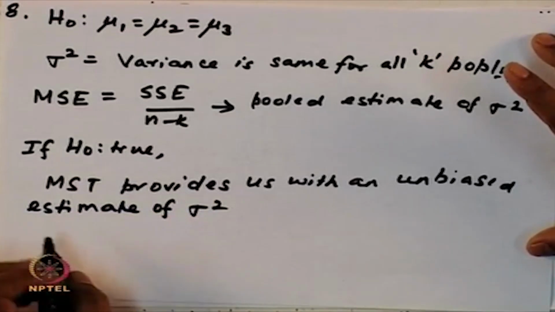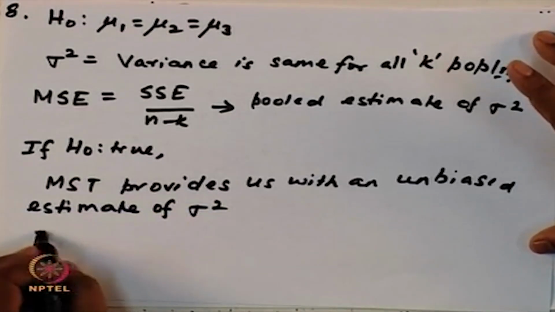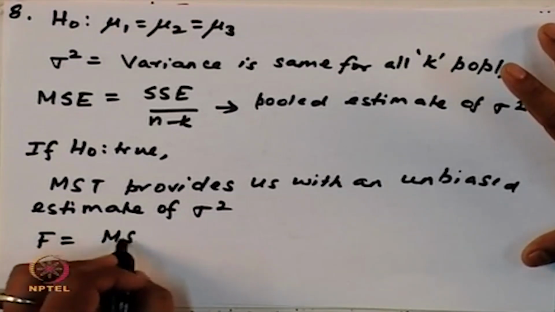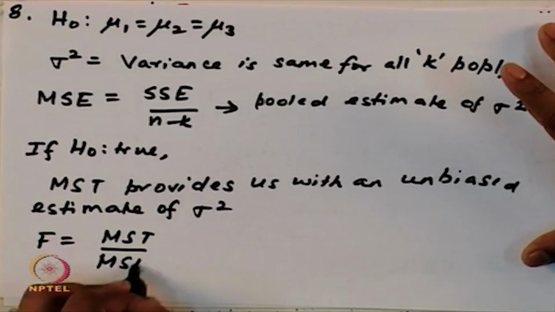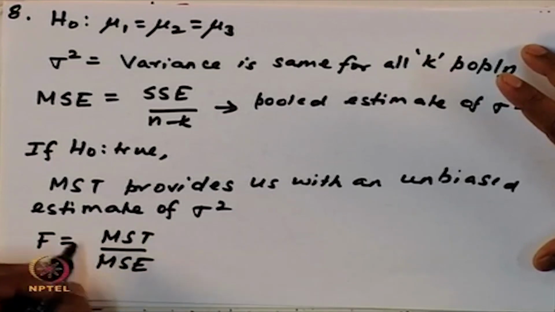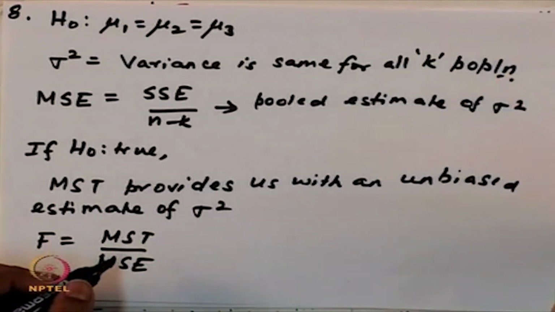So, you can calculate the test statistic as F. You can use the F test, where you define F as MST by MSE. Okay. So, depending on your significance level, if this value is very large, then you can rule out H naught.